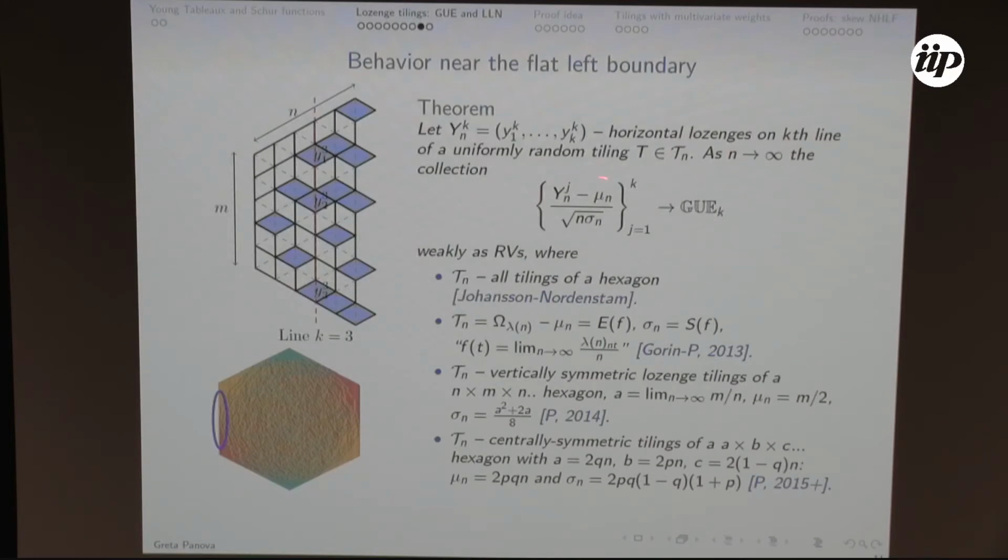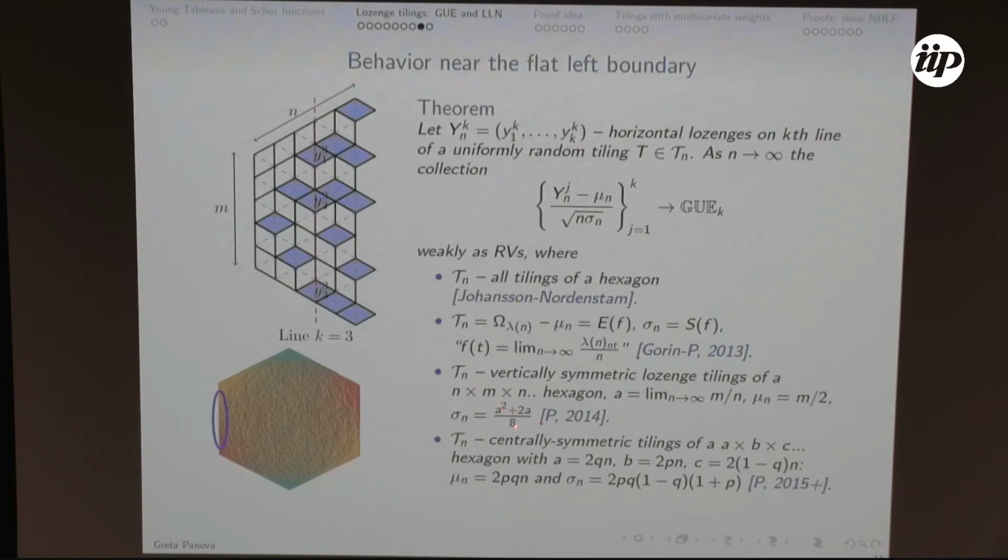And so what are the values of mu and sigma, and for what kind of setting? So this holds, and was originally proven, for the tilings of the hexagon. Then we show that this holds as long as we have some nice behavior for this lambda, which is parameterizing the other end of the domain. If it's converging to some kind of limit shape, then these numbers, mu and sigma, come immediately from the limit shape, and we have this law as well.